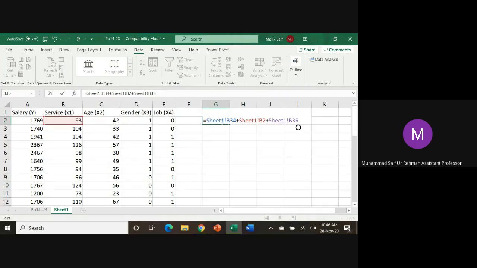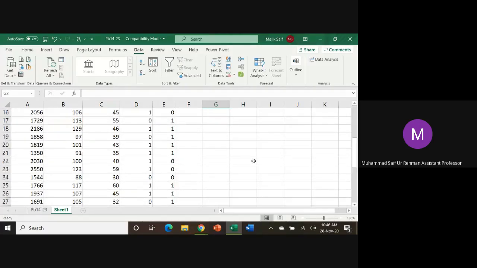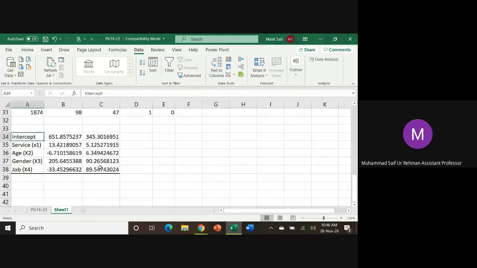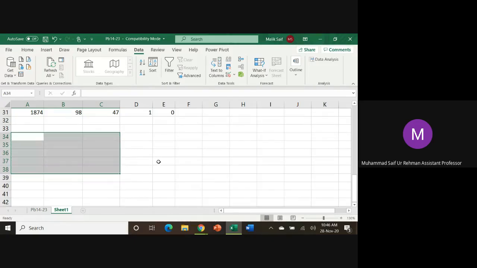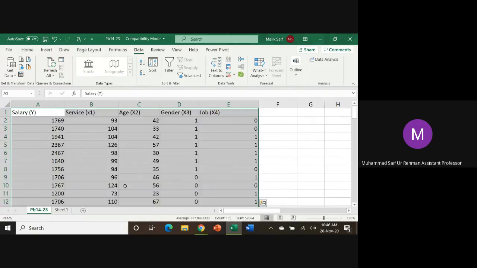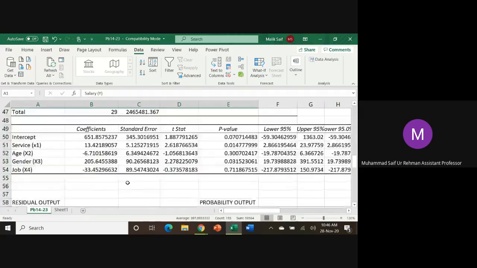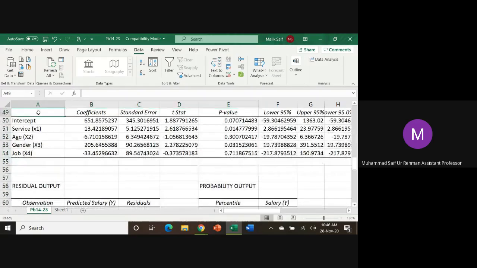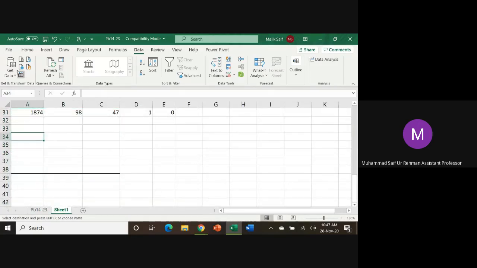Fine, there is something wrong. I have to paste these values over here in such a way. Let me correct this, because the answer will be wrong in this case. Control C, or otherwise I'm going to delete this. Come over here, Control C, and here you have to paste these values.